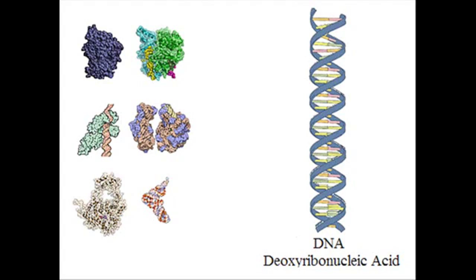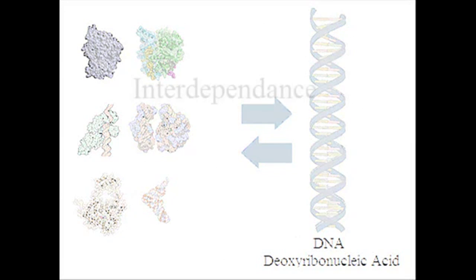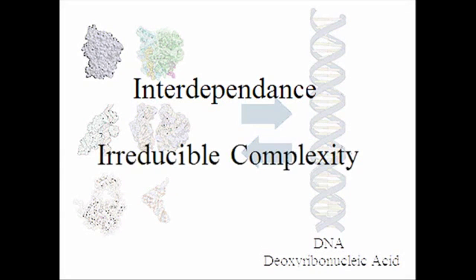For example, they require the DNA to exist because the information which produces them is strings of information in the DNA molecule. Likewise, because the DNA molecule cannot maintain and duplicate itself without the existence of these molecular machines, it is also interdependent with them. This is interdependence and irreducible complexity that cannot be broken.